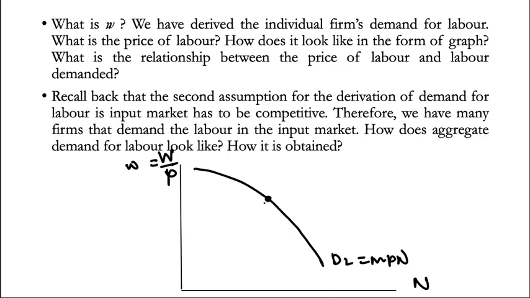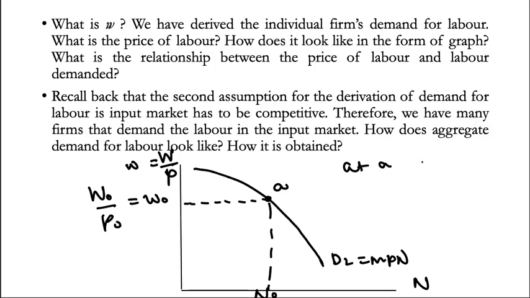So at this point, let's call it w naught equals to W0 over P0 at point A, and at A, capital W0 over P0 equals to small w naught equals to MPN naught.